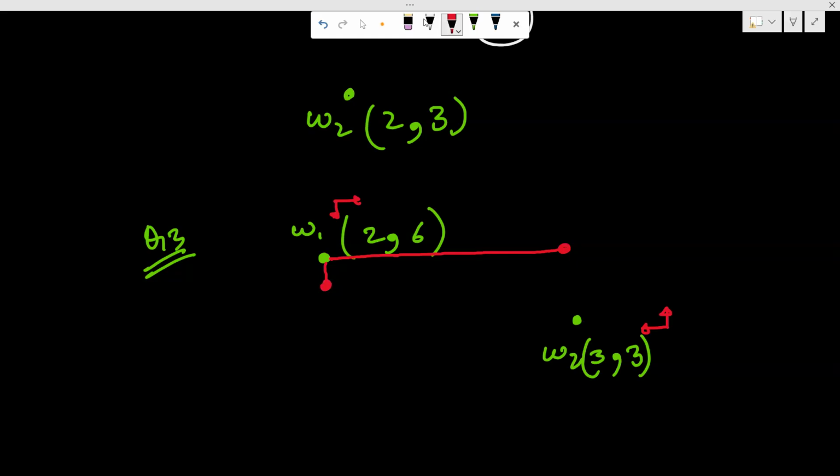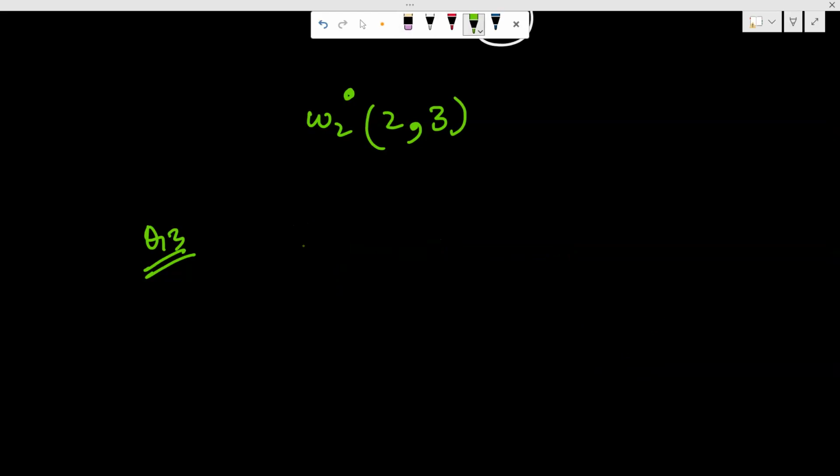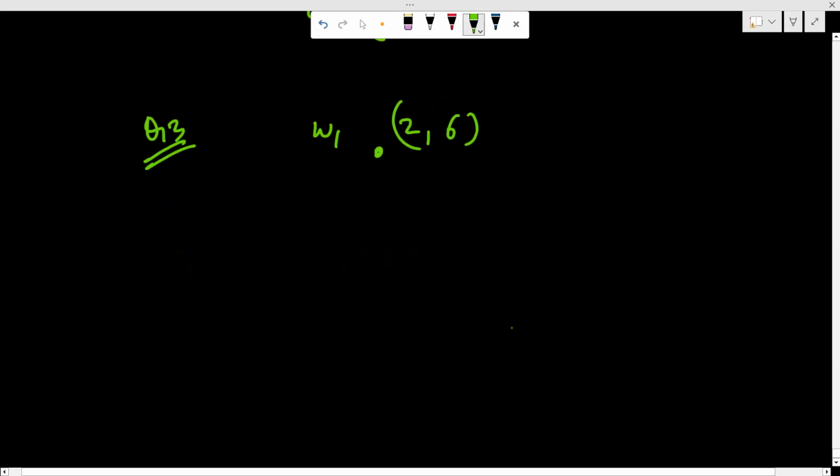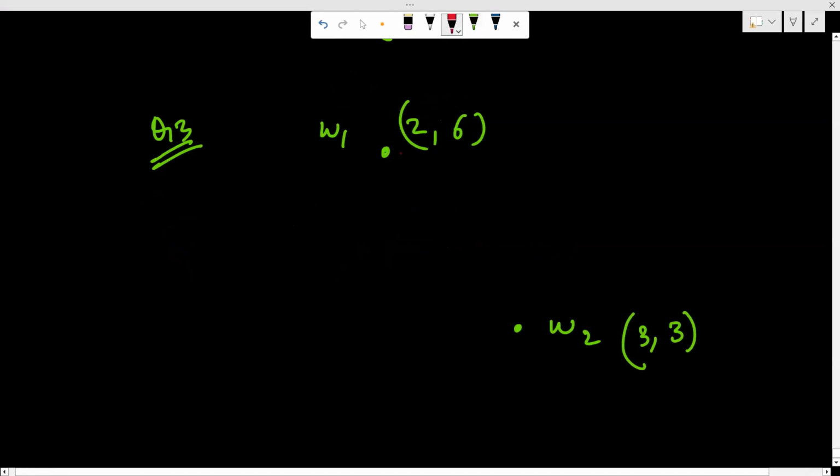Let me redraw the diagram actually. So well 1 is at 2, 6, and well 2 is at 3, 3. Okay. Let us see what will happen after the first second.